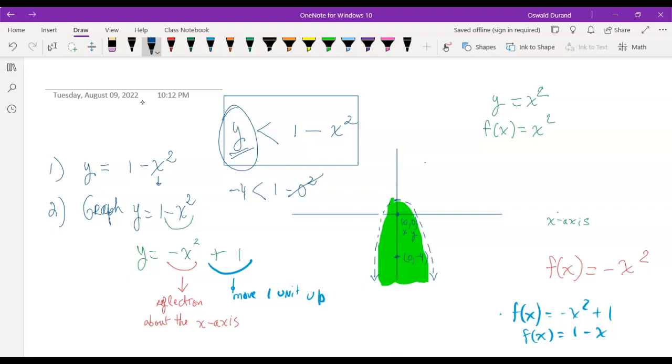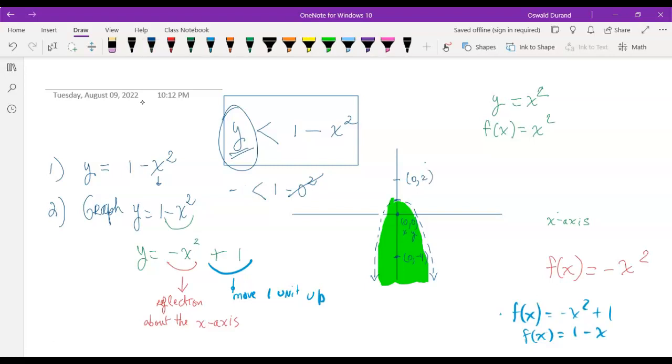So let's try anything on the outside. Let's say it's (0, 2), for example, right?